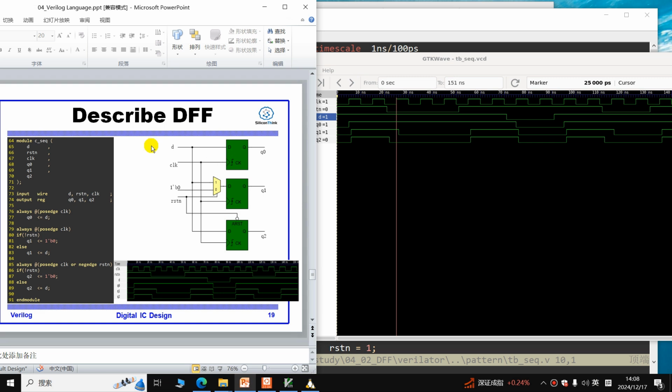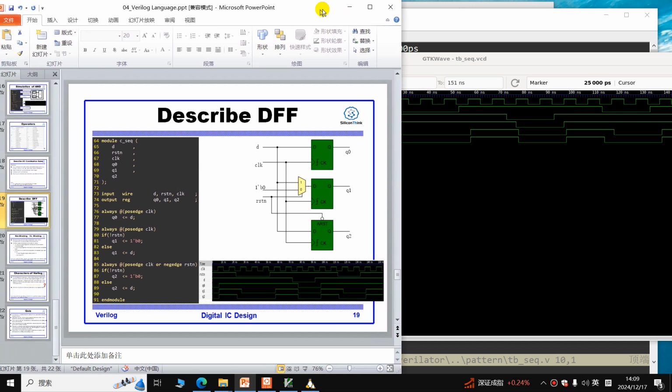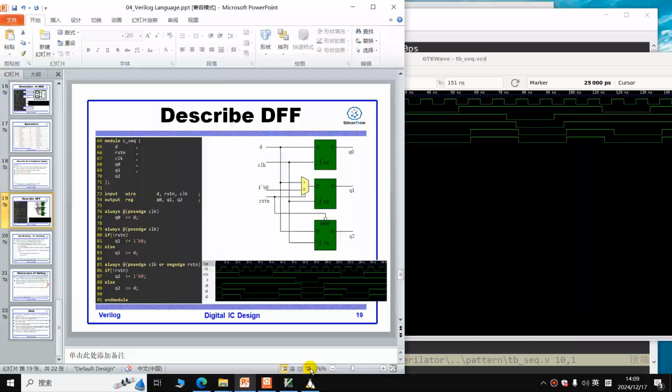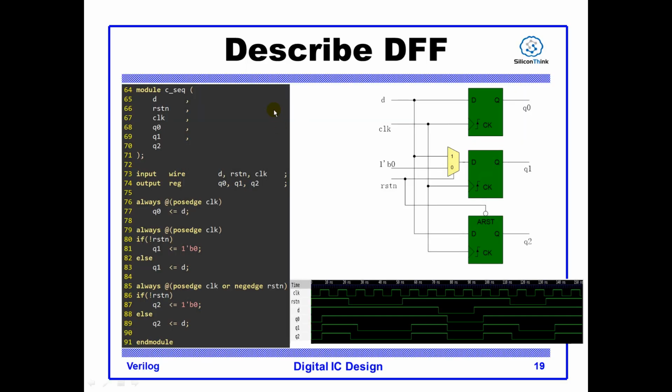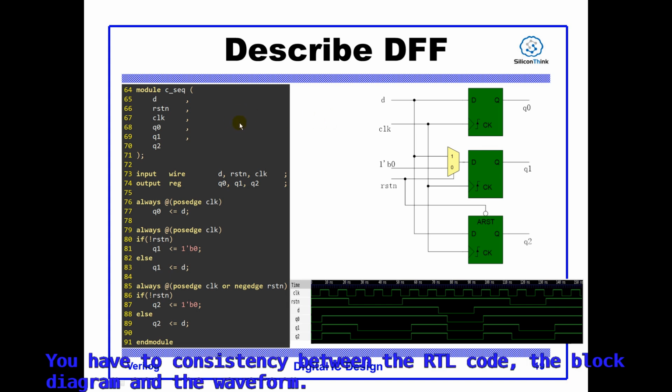Okay, this is the actual code, and this is the circuit schematic, or you can say circuit block diagram, and this is the waveform. There is a requirement for you when you're learning the Verilog language. You have to keep consistency between the actual code, the block diagram, and the waveform.